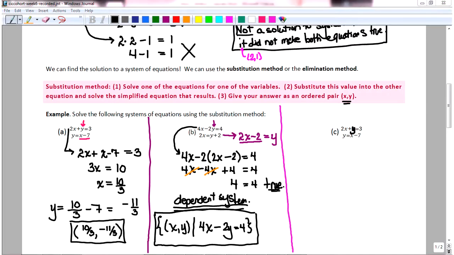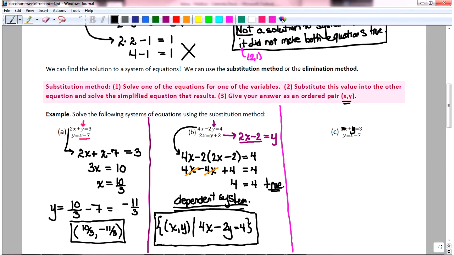I think I wanted to change this example. Okay. All right, so now we're going to plug in x minus 7 in place of our y. Oh, actually, let's change this, because I just want to make sure you see every type of example.